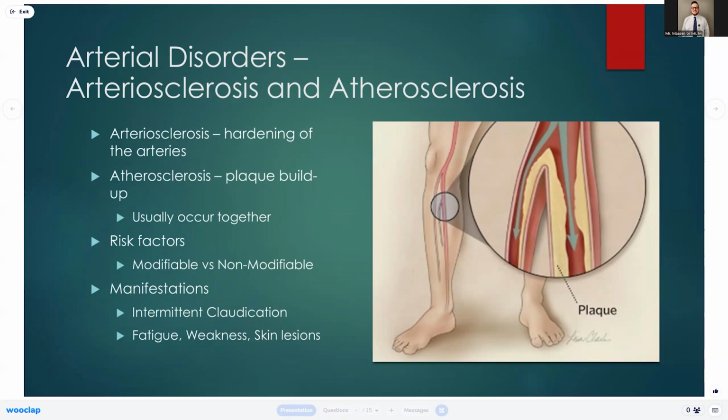So family history of arterial disease, diabetes, hypertension, atherosclerosis, and arteriosclerosis development all lead to potential, especially atherosclerosis, potential plaque buildup in arteries in the peripheral system, leading to skin issues, fatigue, loss of pulse, loss of feeling, intermittent claudication, those kind of things. Same risk factors as coronary artery disease.